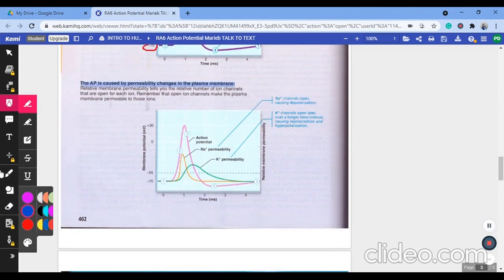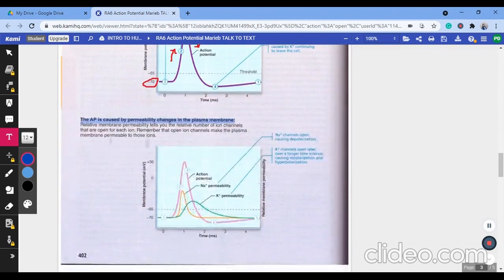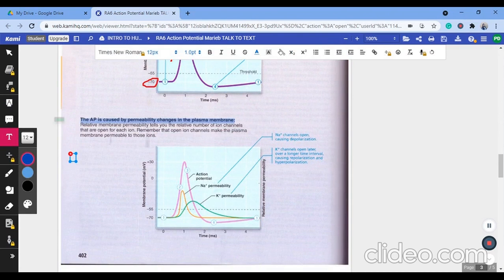Okay, so this graph shows how the AP is caused by permeability changes in the plasma membrane, but I'm going to add a little annotation here as to what those actually mean.